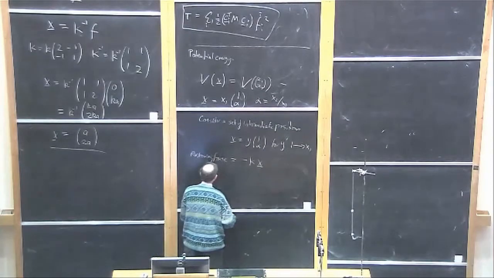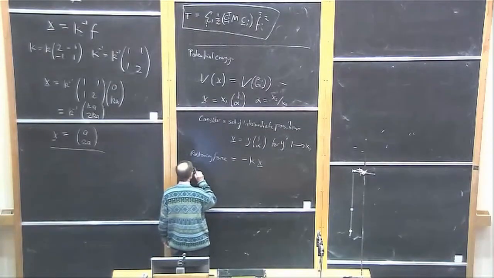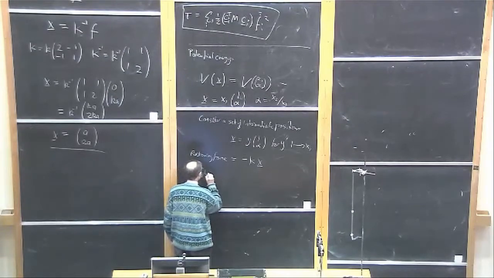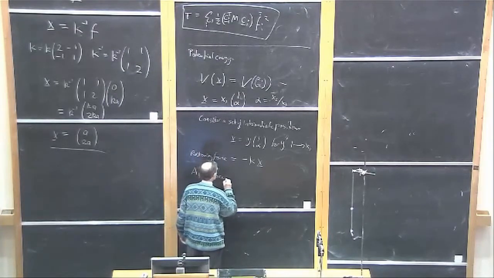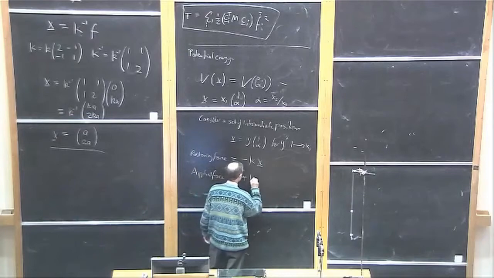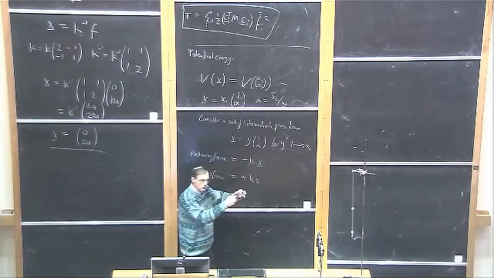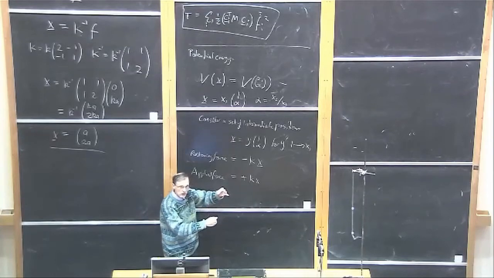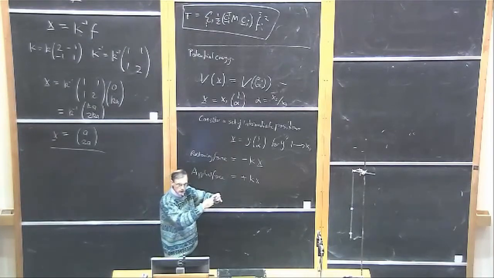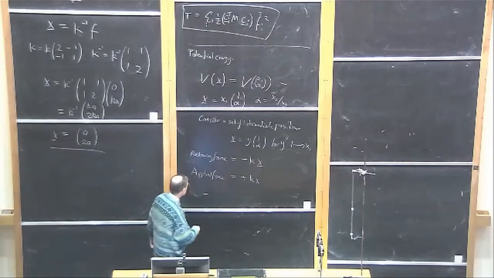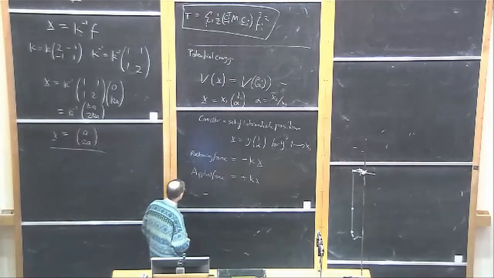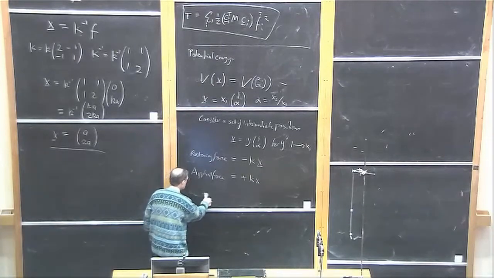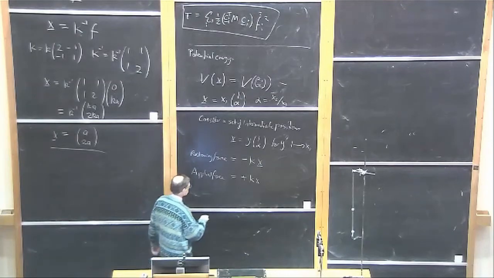Which means that the applied forces, in order to move it, have to be the negative of that, plus kx, because there was never any acceleration in the system. It just moved with infinitesimal slowness from the equilibrium position to the final position, and so there was never any acceleration of the system. It was all done very slowly and smoothly.